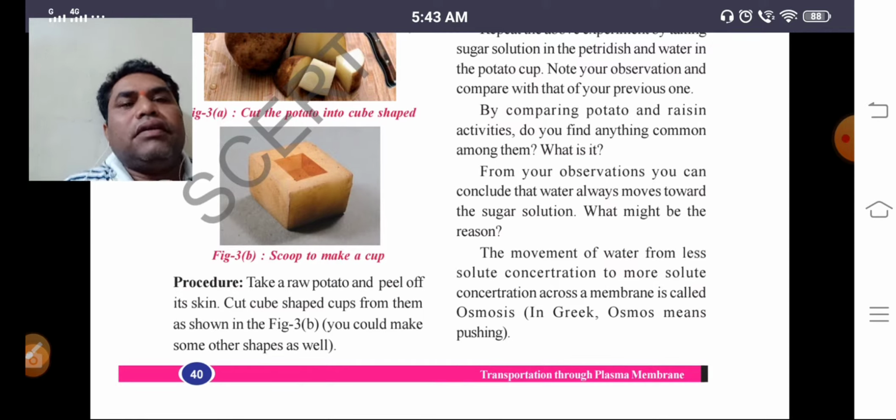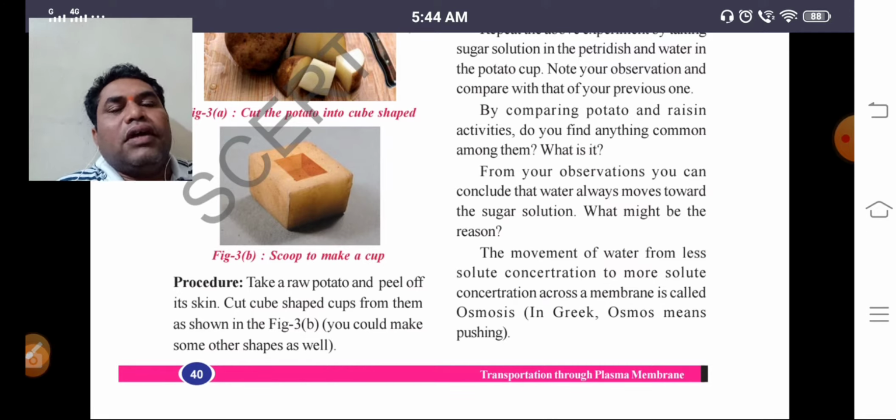Now let us take the procedure. Take a raw potato, peel off its skin and cut cube-shaped cups from them as shown in figure 3. By taking a knife, we have to scoop out the potato. First of all you have to peel out the outer layer.